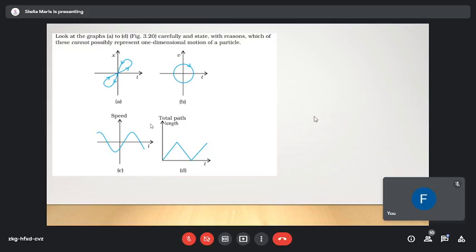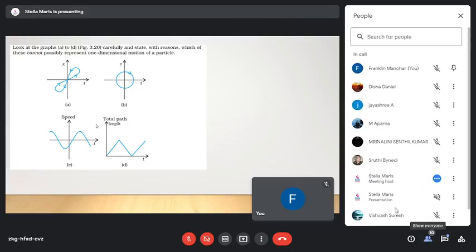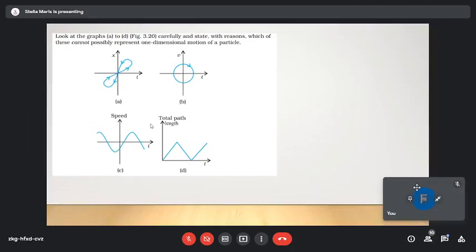Okay, one by one we can say. Come on, students, you can do it. Just try, no problem. What about A? Whether it is a one-dimensional motion of a particle or not.